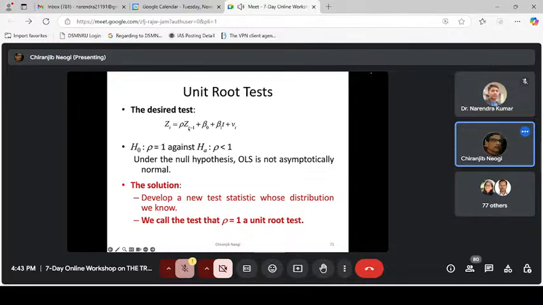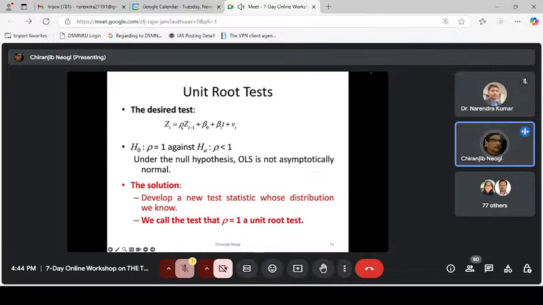Now, the test is whether rho is equal to 1 against rho less than 1. If I do not think about the beta 0 and beta 1 t terms, then zt is equal to rho zt minus 1 plus vt.